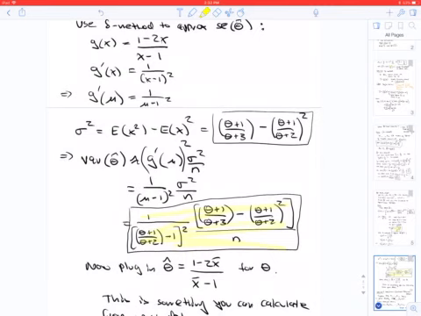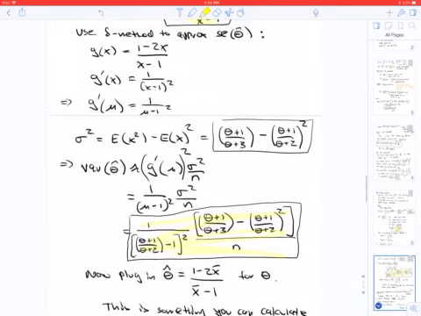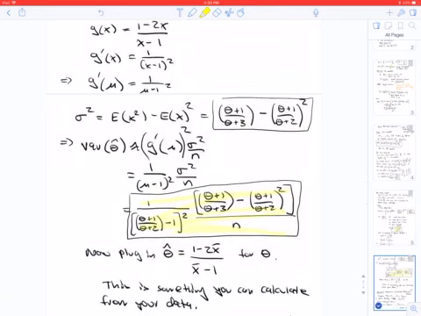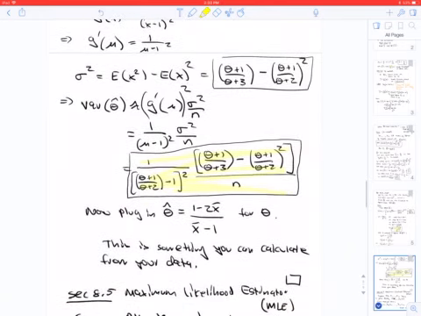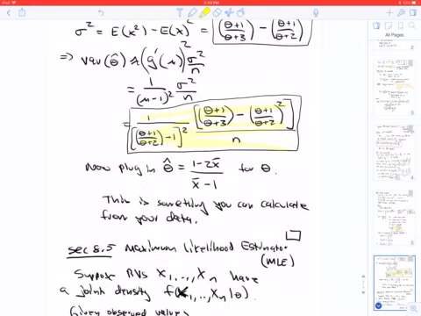We calculate g prime of mu, and we need to calculate sigma squared, and then the delta method gives me that the variance of my MOM estimate is this complicated formula here in highlighted. I don't know what theta is, so I can plug in my MOM estimate, and I'm going to get a big complicated formula involving x bar, which I can actually calculate.